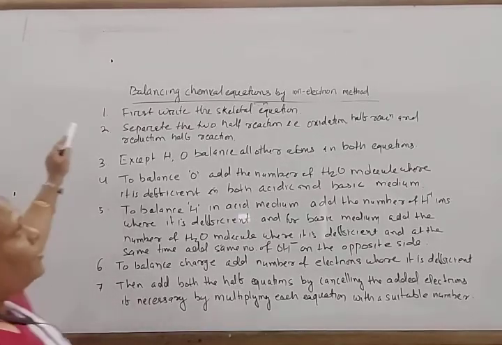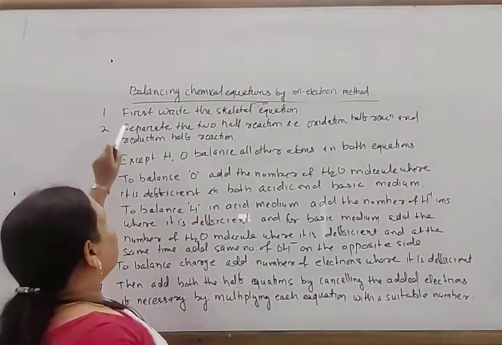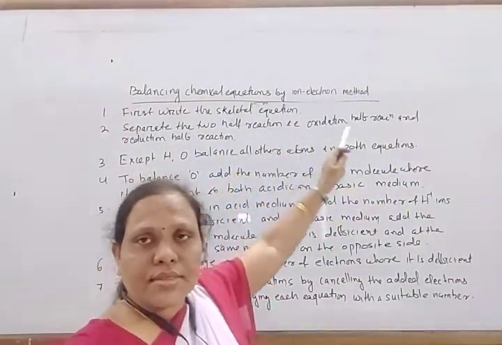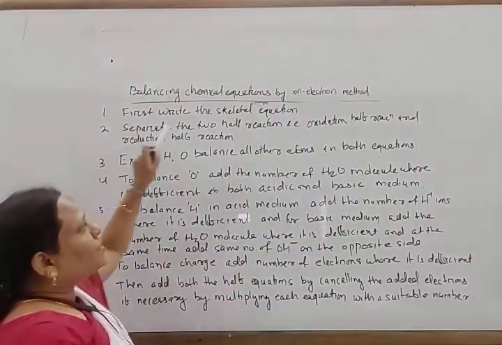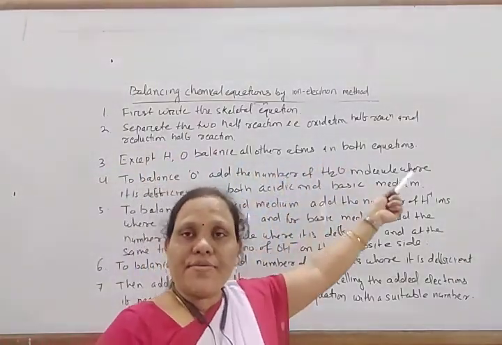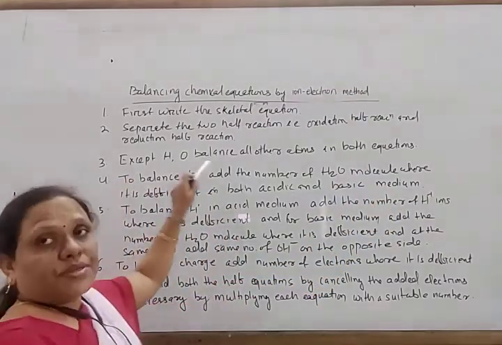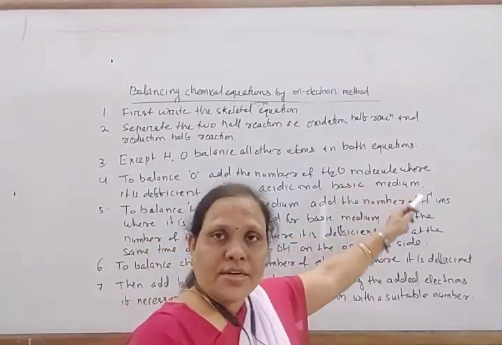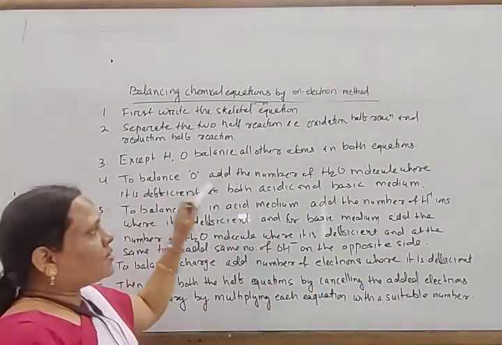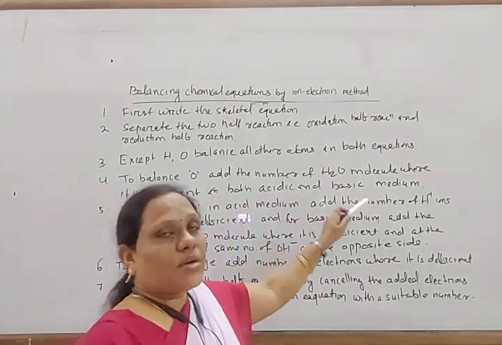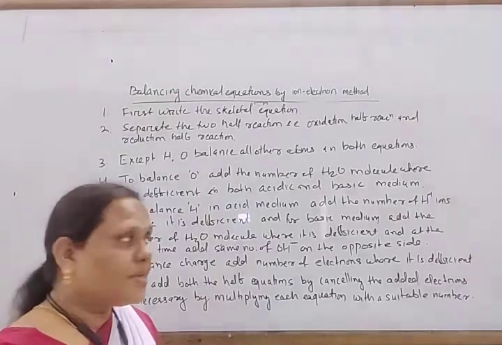Next, how to balance a chemical equation by the ion electron method. So first write the chemical equation, then assign oxidation numbers in all cases, then separate the two half reactions, that is the oxidation half reaction and the reduction half reaction. Then, except hydrogen and oxygen, balance all other atoms, and after balancing all other atoms, to balance oxygen add water molecules where it is deficient, for both acid medium and basic medium.